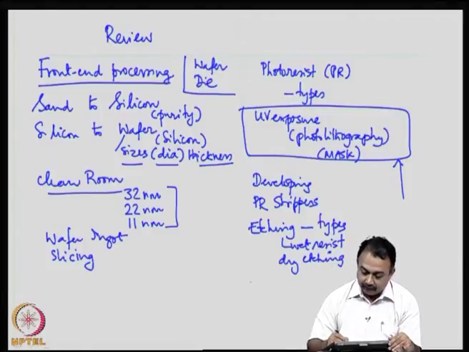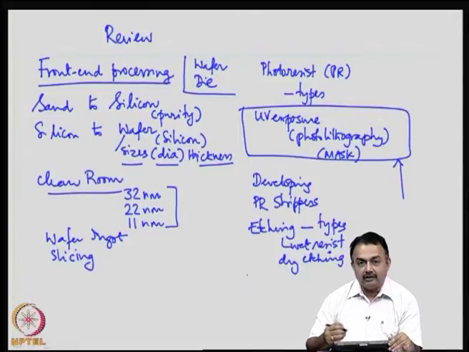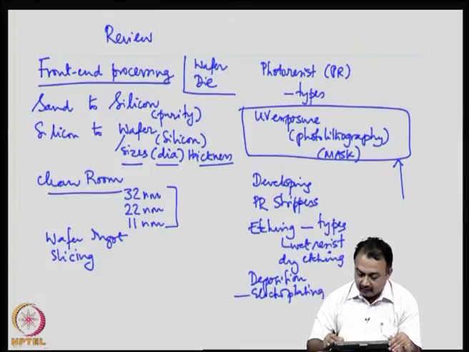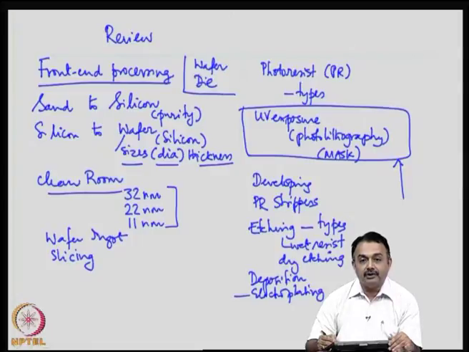Then finally, the conductors, the copper conductors or the aluminum conductors, depending upon what material you are using, have to be realized by deposition process. We briefly saw electroplating and other methods like chemical vapor deposition, PVD, evaporation techniques and so on.